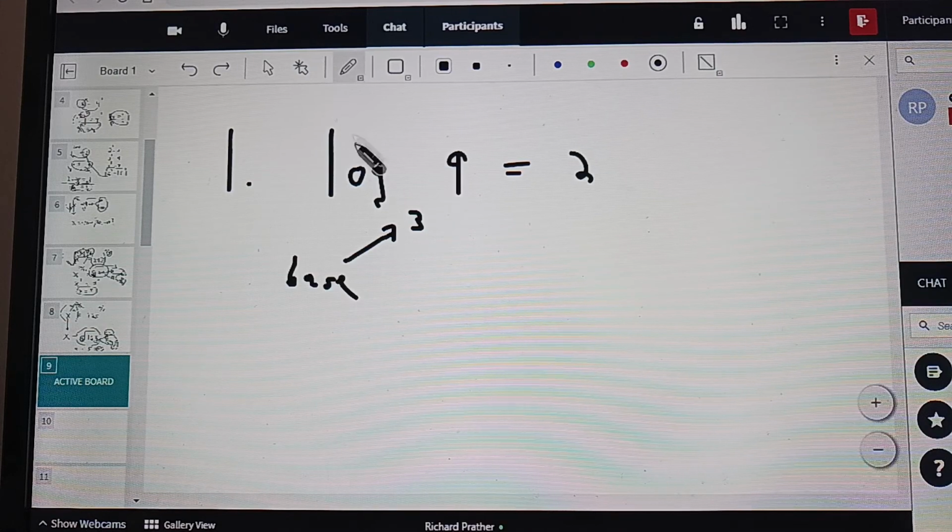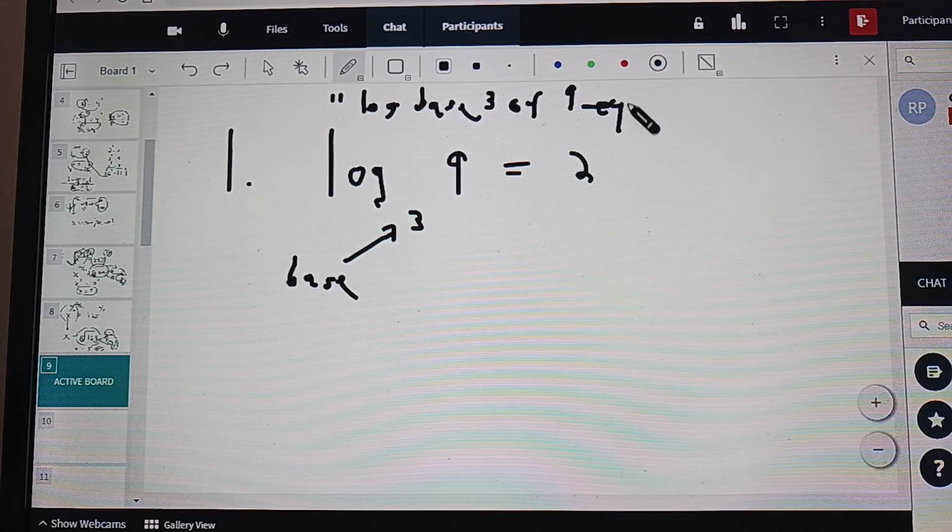Log base 3 of 9 equals 2 is how you'd read that out loud. The 9 is in the domain slot. In algebra, we always have a domain and a range. The answer is always the range.